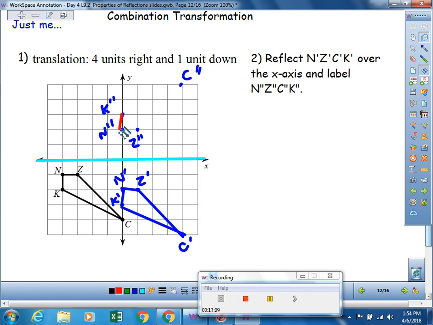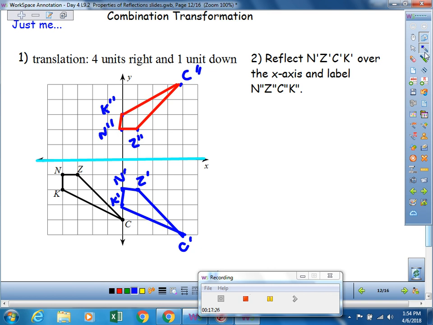Because then you know, kind of like the roadmap, where to go. This one's first, it's the pre-image, and then you have the image, the first image, and then the second image. If you labeled both of these prime, you wouldn't know which one was first, which one did what.